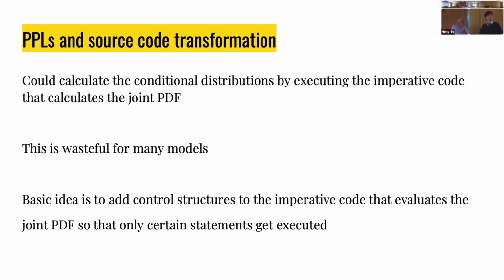So I've been playing with the idea of adding some control structure to the imperative code that I generate for the PDF, which allows you to only execute part of the code for the PDF. If I can do that right, then I have a way of evaluating conditional distributions fairly efficiently.